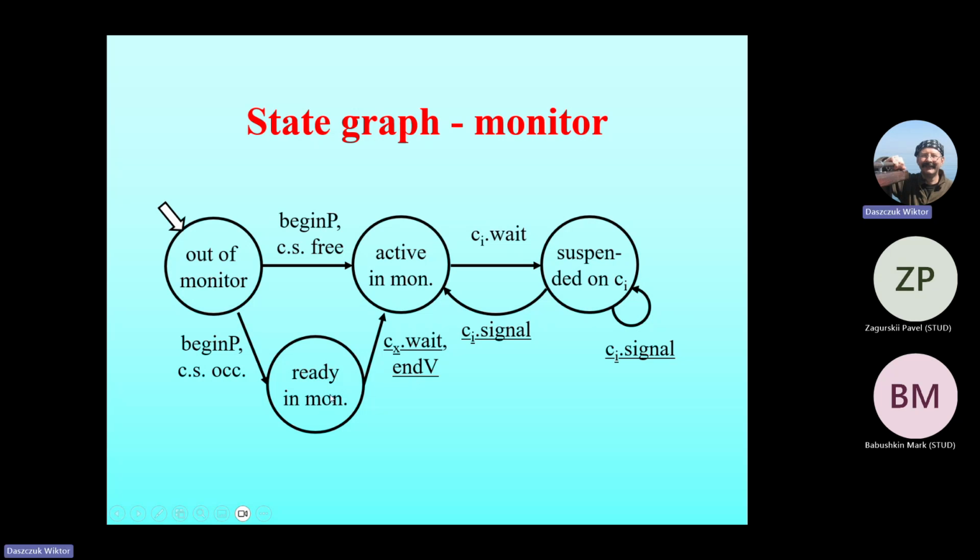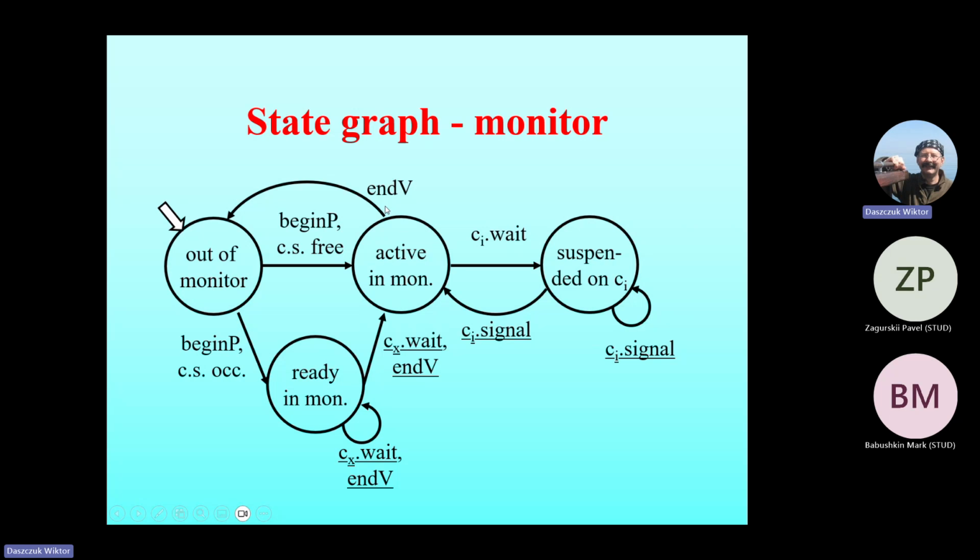One of the ready processes that want to enter the critical section becomes active. But again, it is non-determinism, because if many processes want to enter the critical section, one of them gets the critical section, the others continue to wait in the ready state.